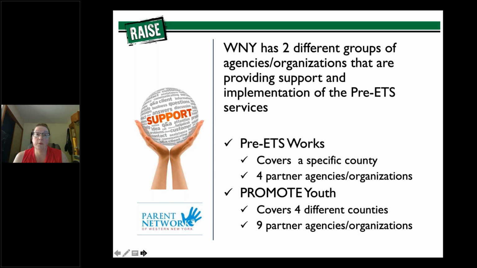So both groups, even though there's a little overlap, allow us to reach more youth, which means we are covering urban, suburban, and rural areas to make sure that these young adults could potentially get some of these supports and services.